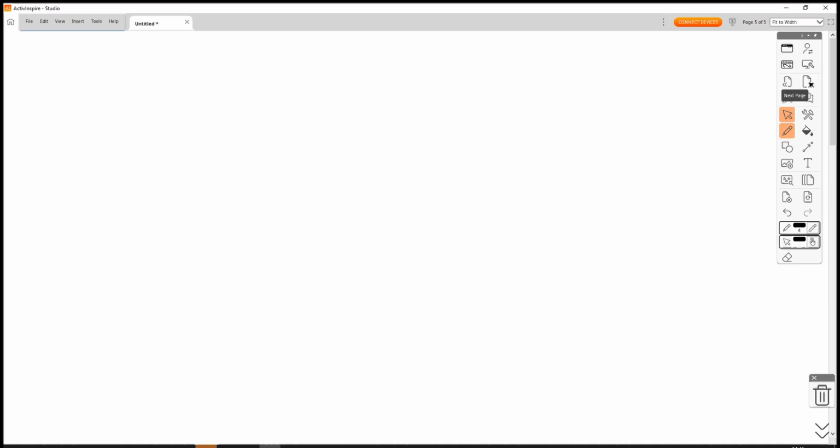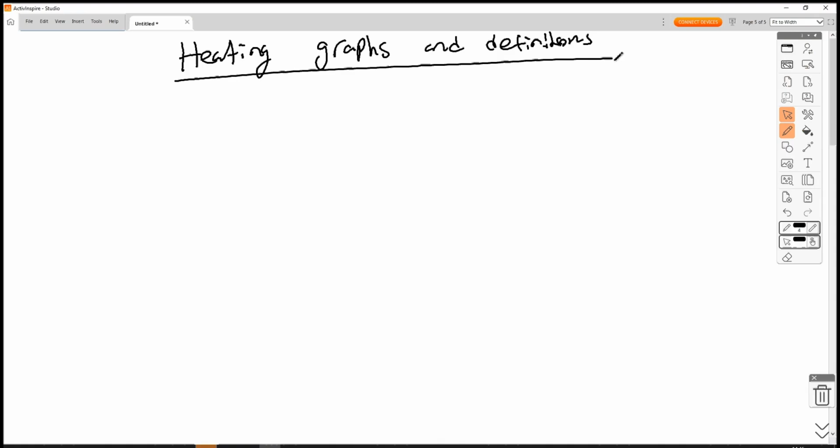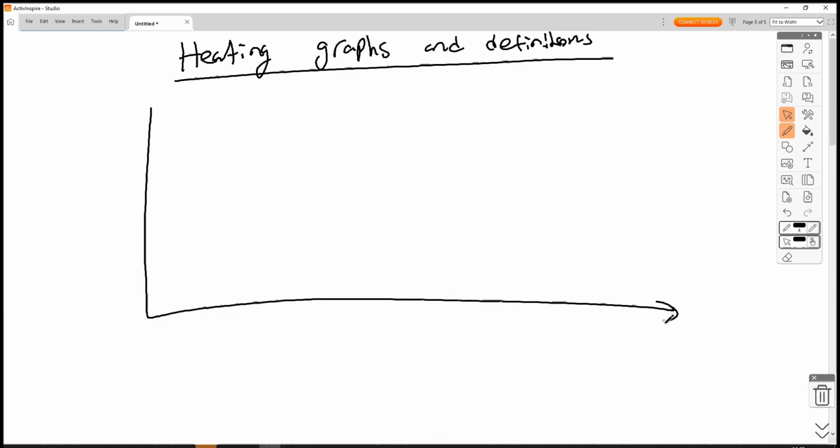Start a new page. So lastly, it's heating graphs and definitions. So we'll do time on the x-axis, measured in seconds, and we'll do temperature, measured in Kelvin, on the y-axis.